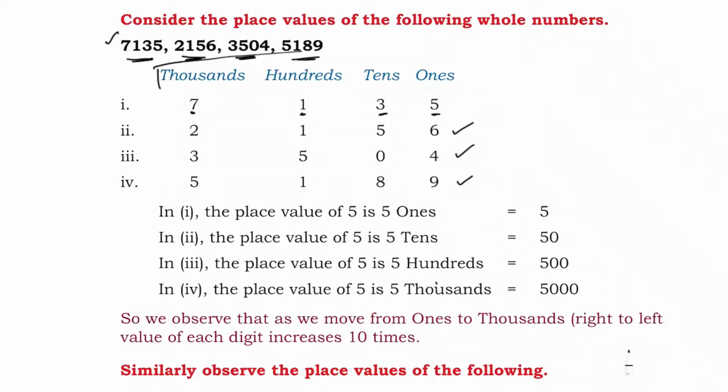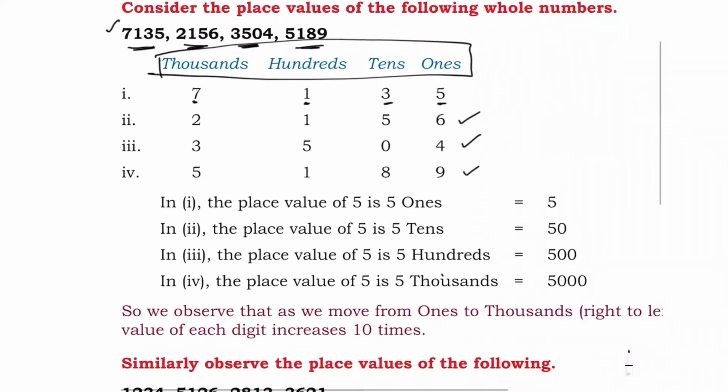This is a place value house, right? So what can you observe from the following numbers? In the first number, can you see that the place value of 5 is 5 ones? Yes, so that is 5. In the second number, the place value of 5 is 5 tens.